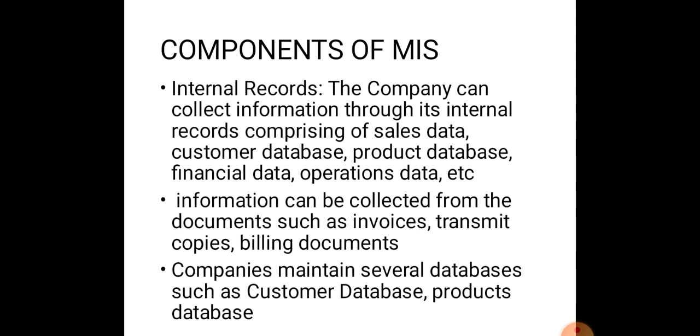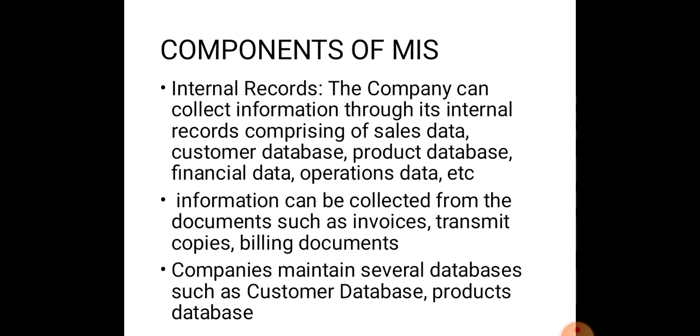First is internal records. The company can collect information through its internal records, comprising sales data, customer database, product database, financial data and operations data. Information can be collected from documents such as invoices, transmit copies and billing documents.